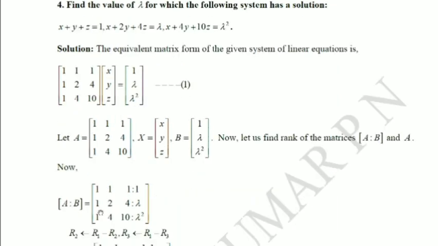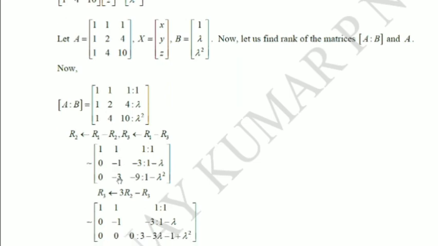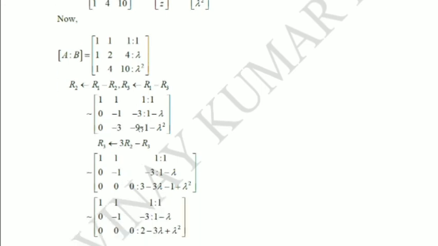Consider the augmented matrix. Find the rank. As usual, the leading entry should be 1 and below this one you have to make 0, and the leading entry should be 1. We'll make this one as 1 at the end. Below this one we should have only zeros, right? So you can make this one as 0. The leading entry is this.